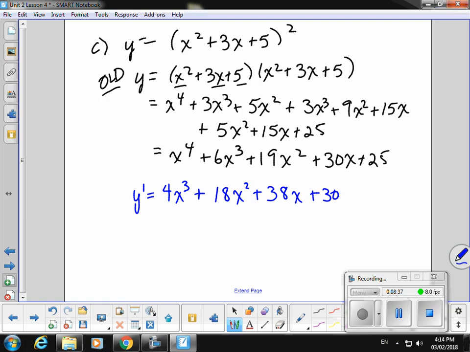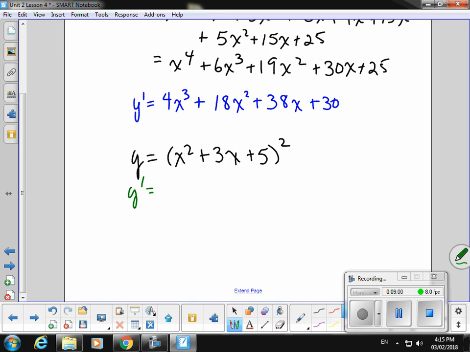The new way is to use what we call the power rule. We're going to summarize that in a moment, but if I have the function y equals (x squared plus 3x plus 5) squared, I can write my derivative as, okay, I have this thing raised to the power of 2.